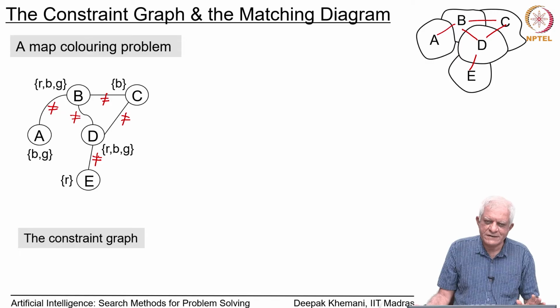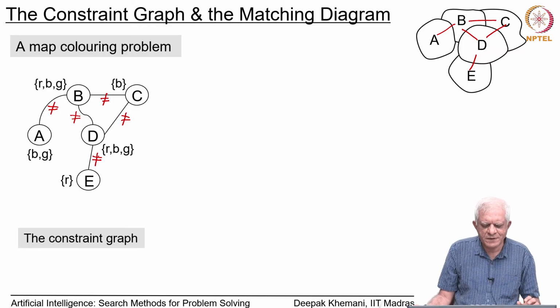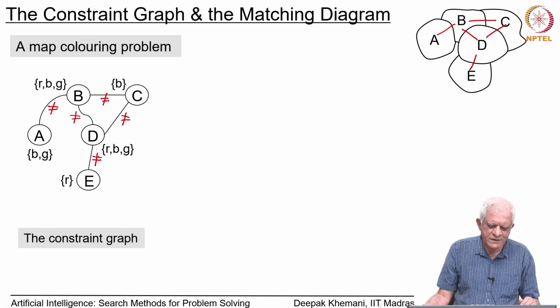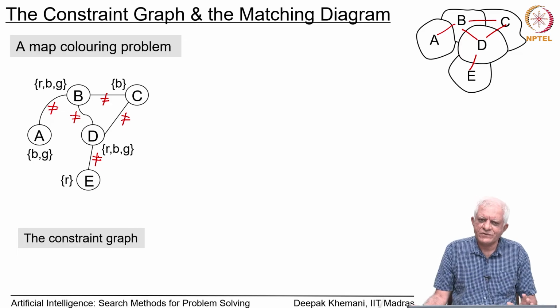This representation is called the constraint graph, and it is commonly used to talk about constraint satisfaction problems, the algorithms that people talk about, and analysis of those algorithms and so on. The graph is always a graph in which there is an edge between two nodes, the simplest kind of graph. So, it is not a hypergraph, that is what I mean to say. The relations don't have to be binary.